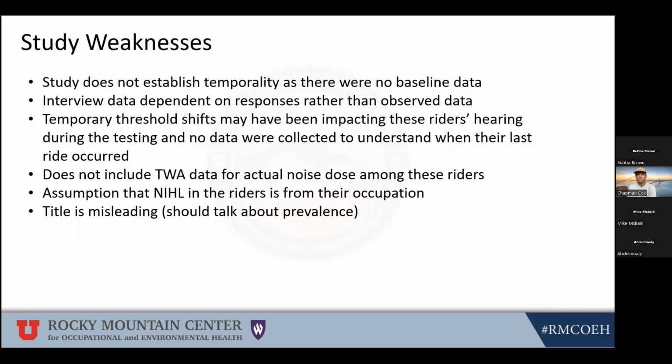Another thing that I thought of from an industrial hygienist viewpoint, you have temporary threshold changes in hearing. So if an individual was exposed to high levels of noise before they went into their audiogram, and it wasn't accounted for, that could lead to some results that aren't indicative of what the actual population's results should be.